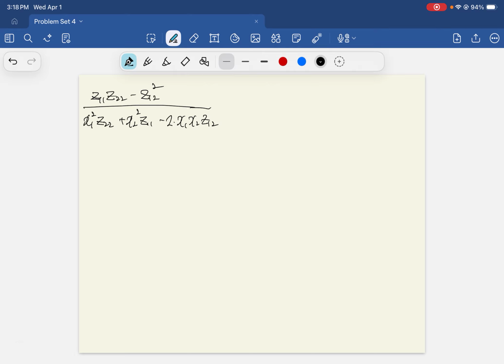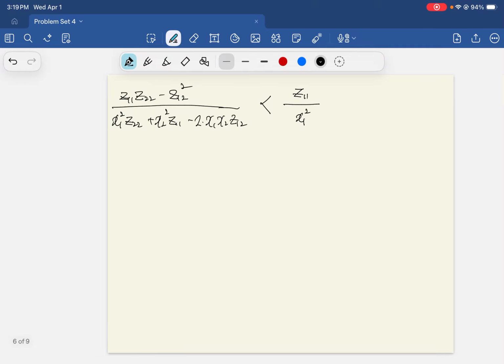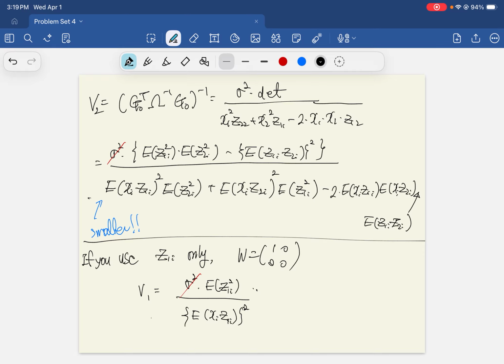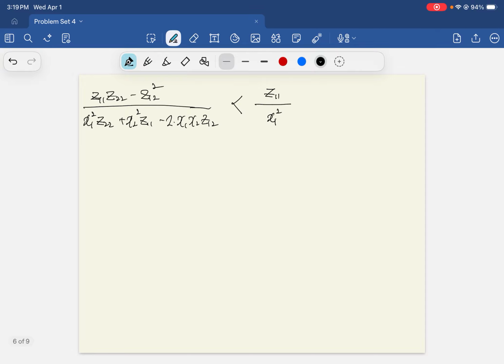And I'd like to show that this is smaller than the one-instrument case, z11 divided by x1 squared. Let me double check again. Here, this is the variance. So we would like to prove this. How can you do that? Let's first multiply here and move this term over.